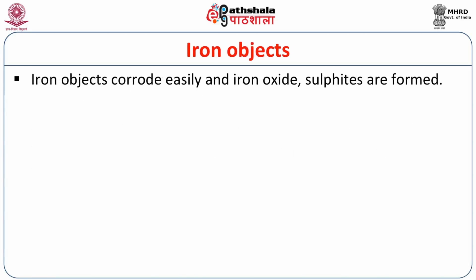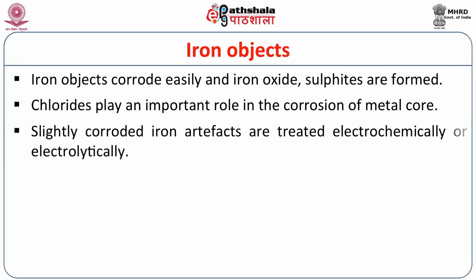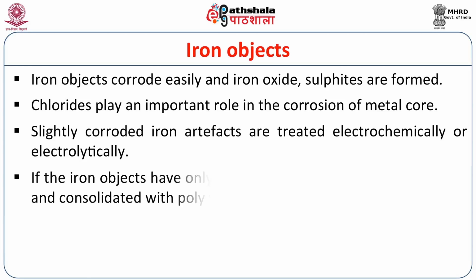Iron objects corrode very easily and iron oxides or sulfides are formed. Chlorides also play an important role in the corrosion of the metal core of iron. Slightly corroded iron artifacts are treated electrochemically or electrolytically.